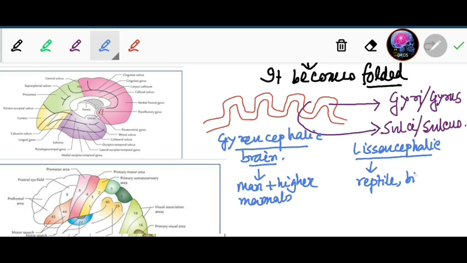Reptiles, birds and lower mammals have the lissencephalic brain.